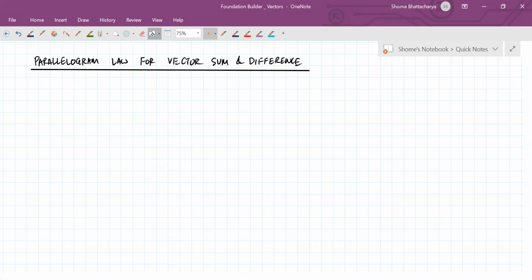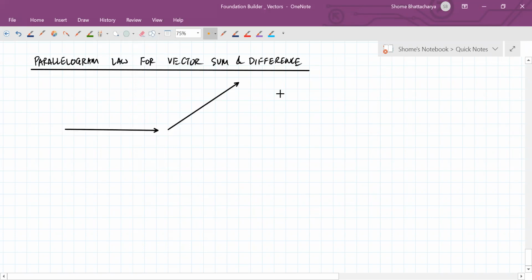Okay. So in this, what happens is that given two vectors A and B like this, if we construct a parallelogram such that the two sides A and B are consecutive sides of the parallelogram, then we will see that the diagonals of the parallelogram represent individually the sum and difference.